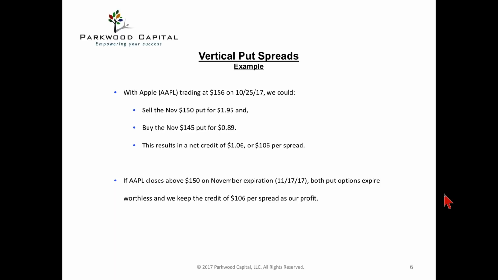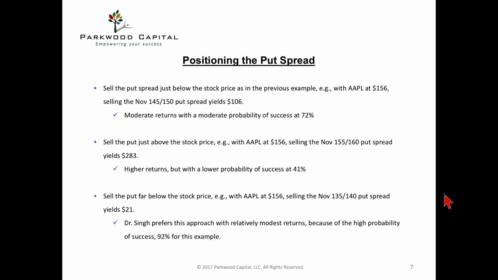Now, if Apple closes above 150 at November expiration, which is November 17th, then both put options will expire worthless, and we'll just keep that credit of $106 that we collected initially. But there are several different ways to position our put spread that go from more aggressive to much more conservative.